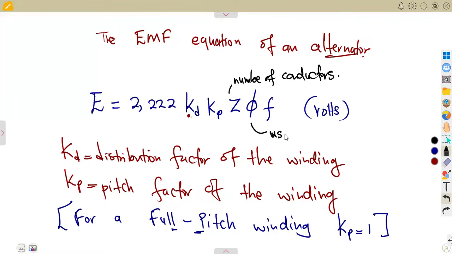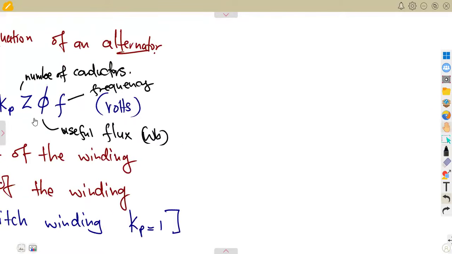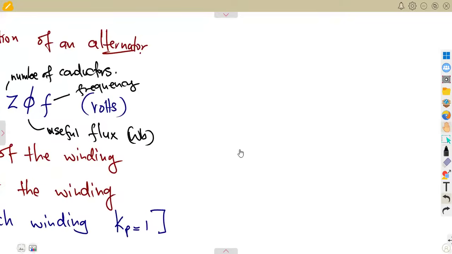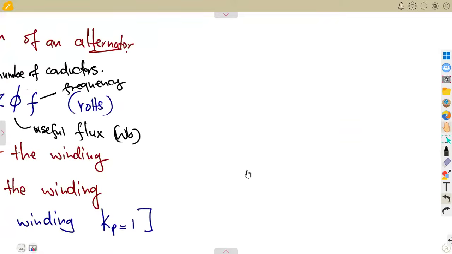As we know from our DC machines, the useful flux is in Webers, and we've got f, which is the frequency. This time working with AC, we need the frequency. We're going to explain that.